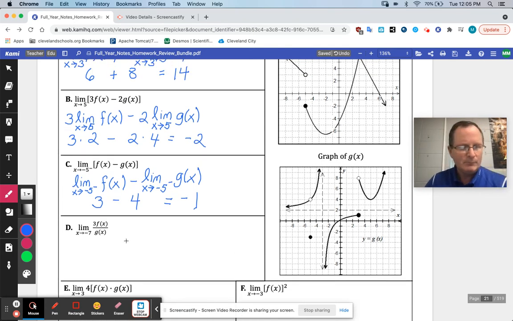Okay, on the next one, I can do the limit of the numerator and denominator separately, and I can factor out the 3 up top. So I've got a 3 times the limit as x approaches negative 7 of f of x, divided by just the limit as x approaches negative 7 of g of x.